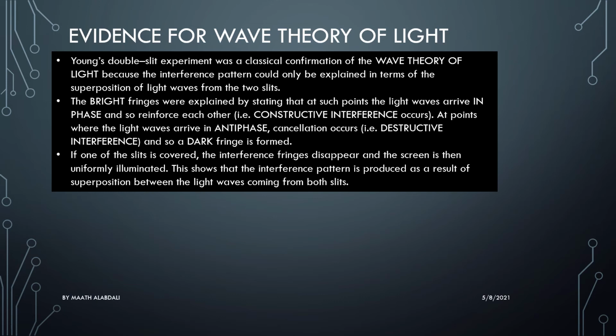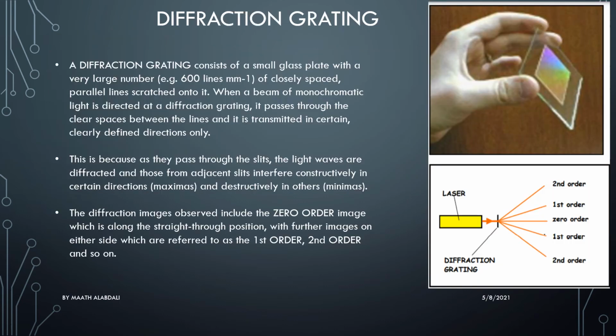At points where light waves arrive in anti-phase, cancellation occurs: destructive interference and dark fringes. If one of the slits is covered, the interference fringes disappear and the screen is uniformly illuminated. This shows that the interference pattern is produced by superposition of light waves coming from both slits. That's basically the evidence for the wave theory of light.